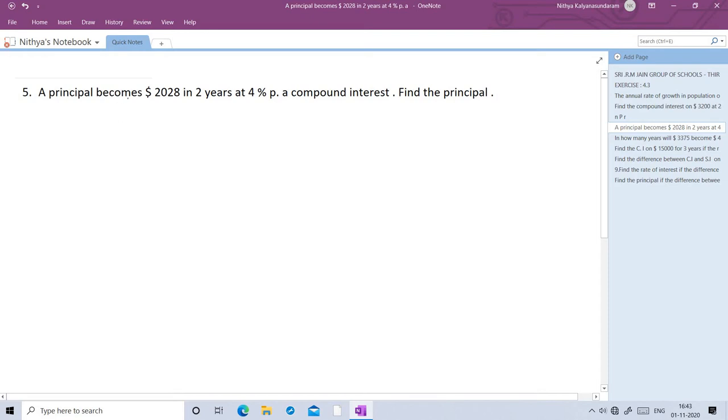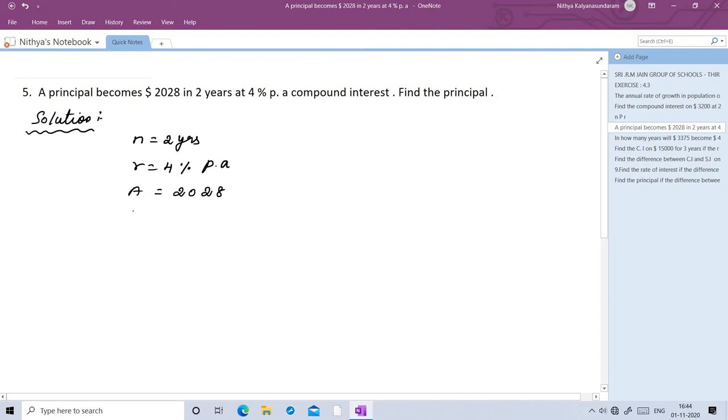Next question, a principal becomes 2028 in 2 years at 4% per annum compound interest, find the principal. So here we want to find the principal. So n is equal to 2 years, R is equal to 4% per annum, then amount is equal to 2028.